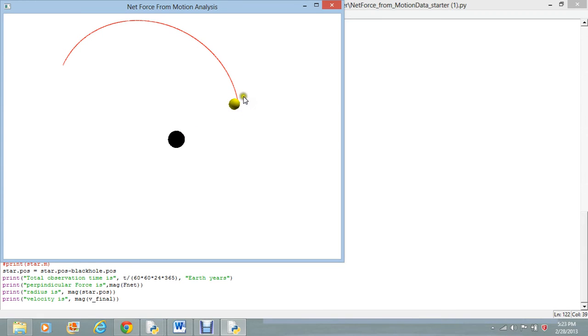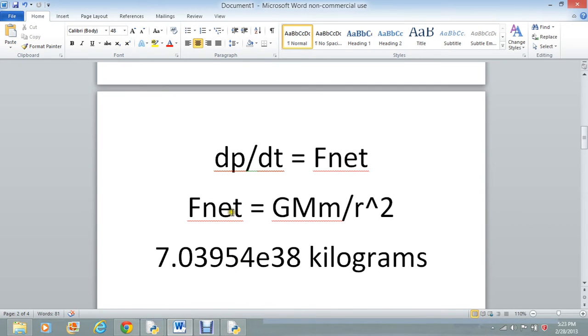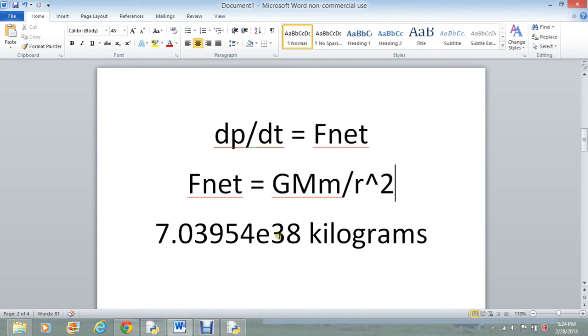We were given the mass of the star and the gravitational constant, and the code also calculated the delta P over delta T of the star, which can be set equal to the gravitational force equation, which is right here. After I plugged in everything, I got a mass of the black hole of 7.03E38 kilograms.